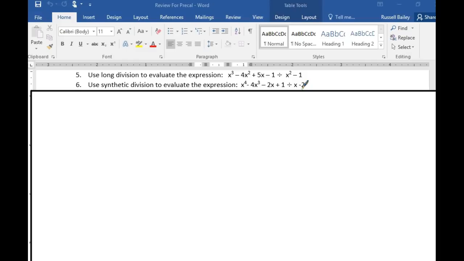All right, so the way that we do synthetic division is you start with a bracket like this. And then what you're going to do is take all the coefficients off of the one that's being divided. So that would be 1, -4, -2, and 1.